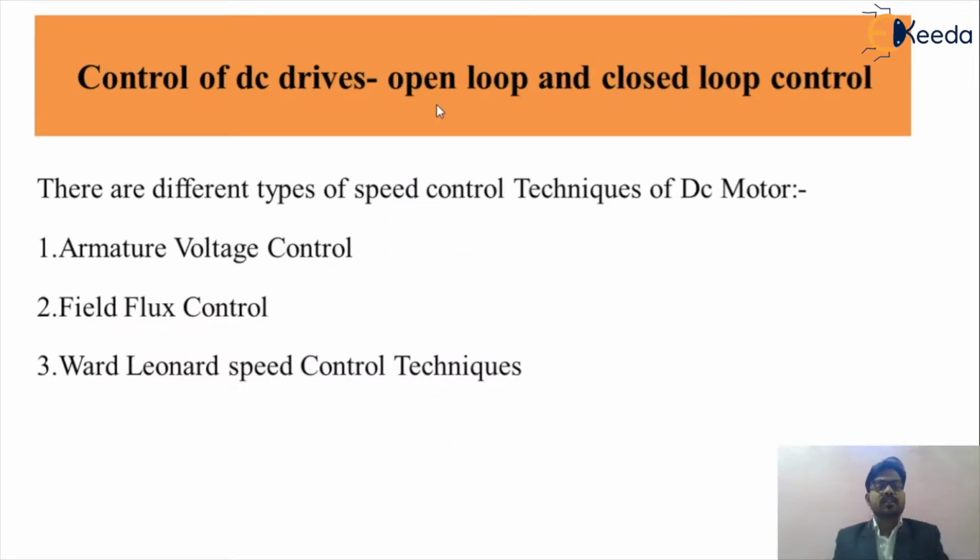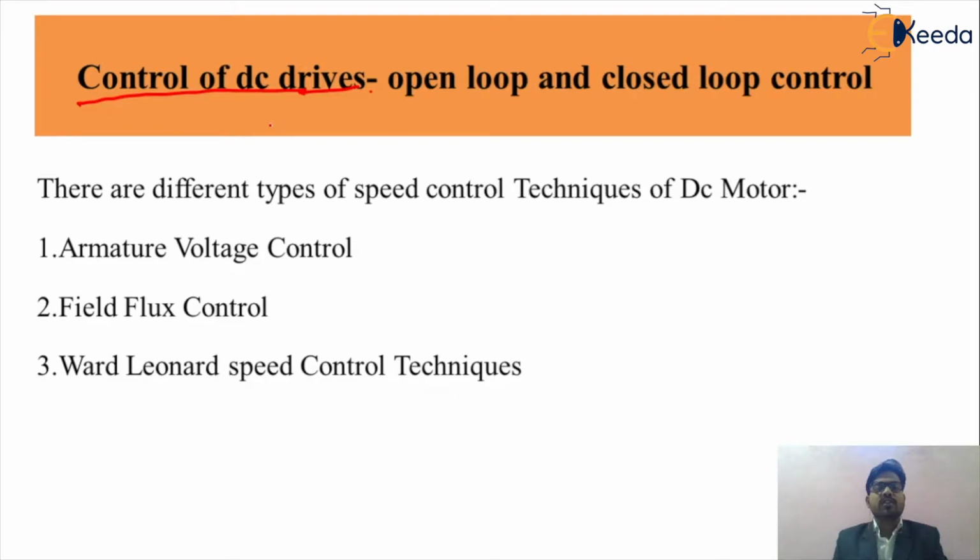Friends, in this video, we will study in detail the different control techniques which deal with your DC drive. First of all, we can understand what we mean by the DC drive. The drive is the system employed for motion control, and if we are using electrical motors for the motion control, then it is called the electrical drive.